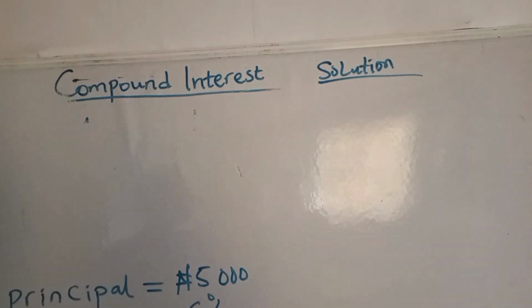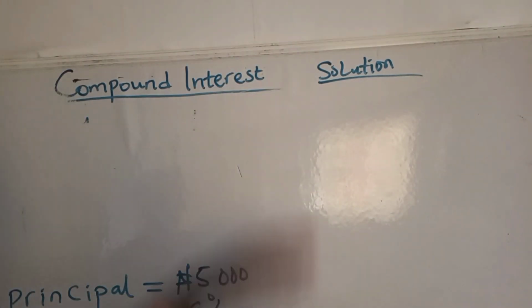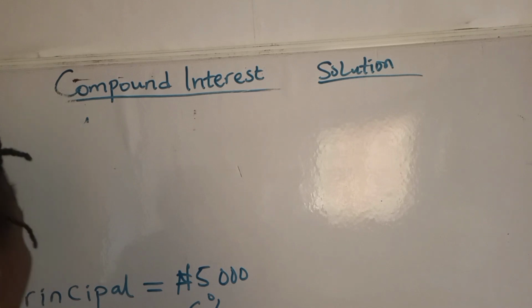When we are calculating compound interest, we don't calculate it straight for the years, like these 3 years. We calculate how much interest is climbing the money every year. We calculate it yearly.